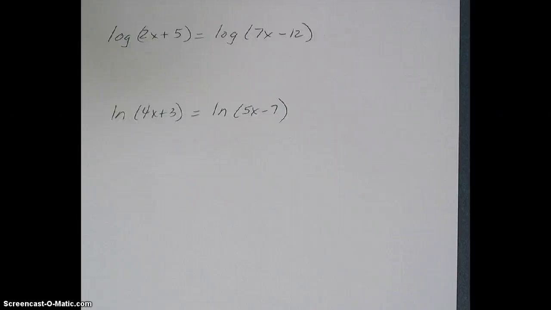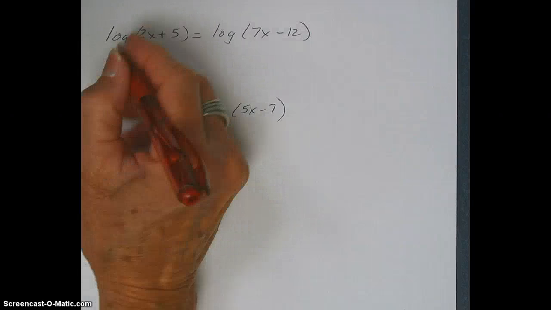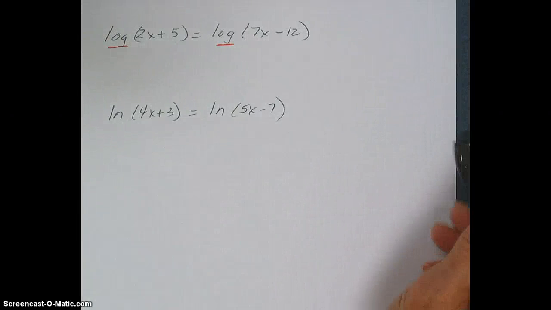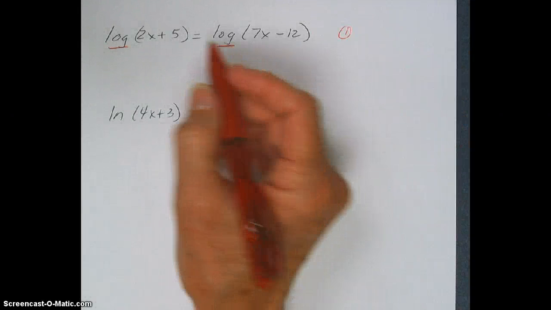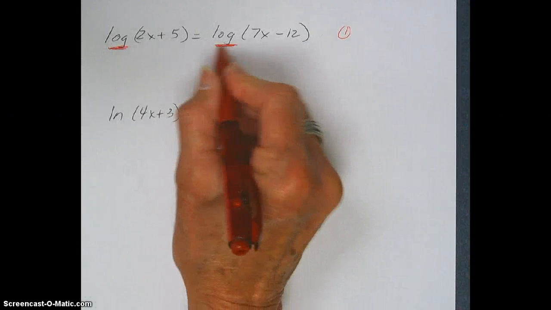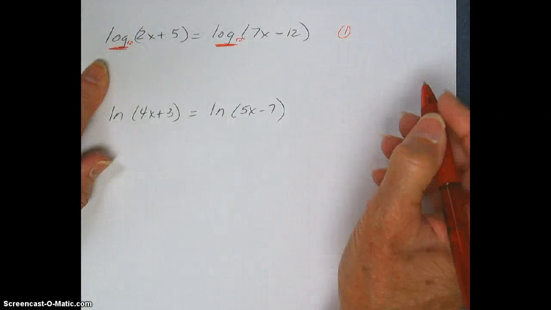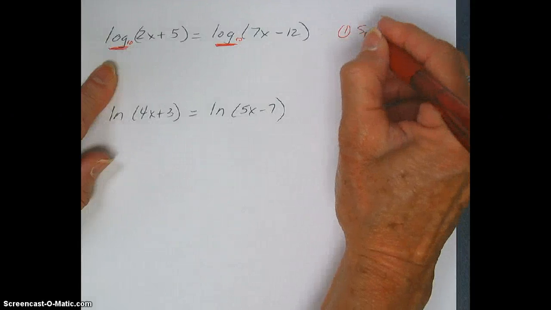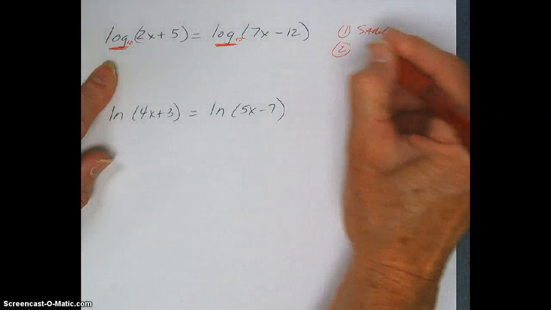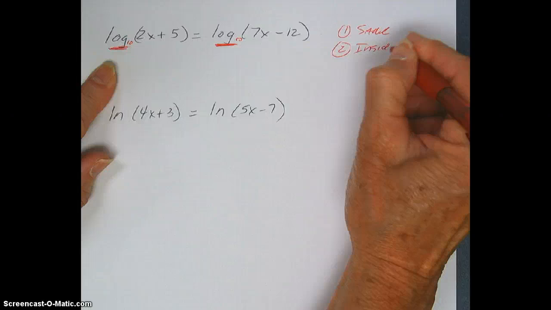When you're asked to solve log equations, and we have logs on both sides, just do a quick check. If the logs are the same, remember the base is 10 if it's not there, then all you have to do is set the insides equal to each other.